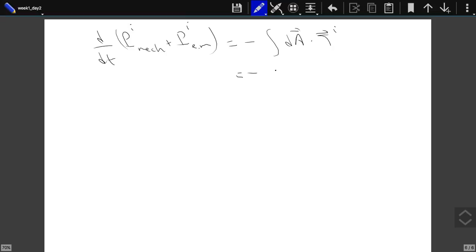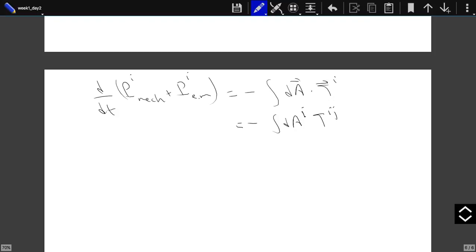This is equal to minus dAj Tij. I just wrote the first line in terms of its components to avoid that weird notation.